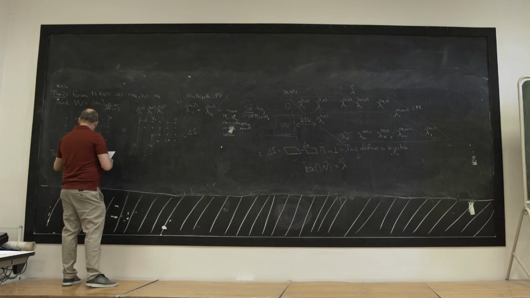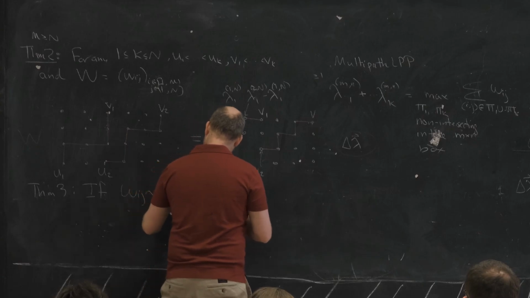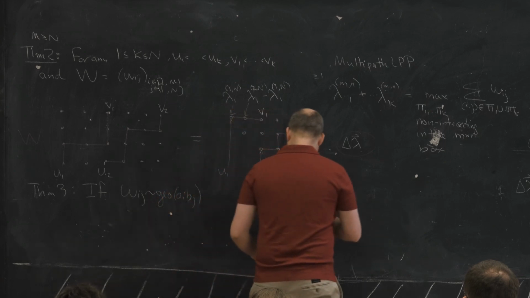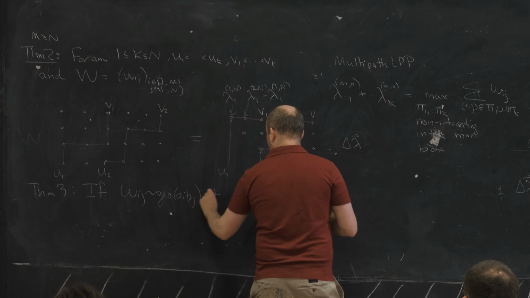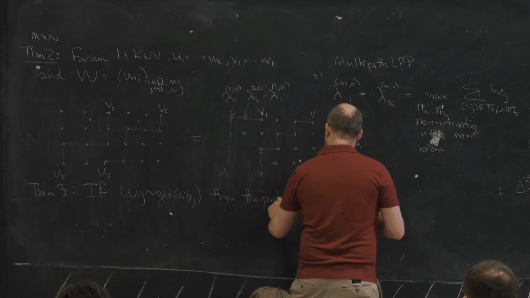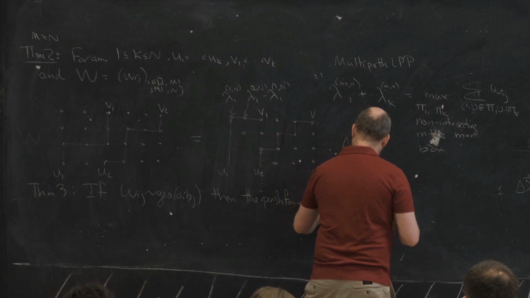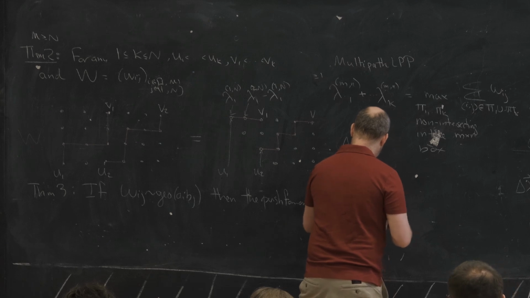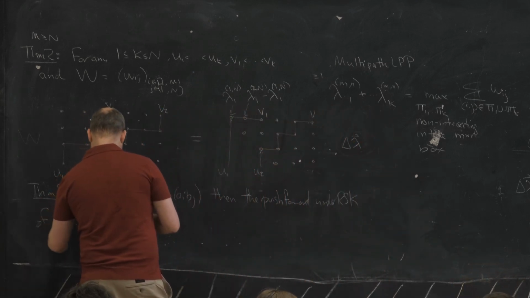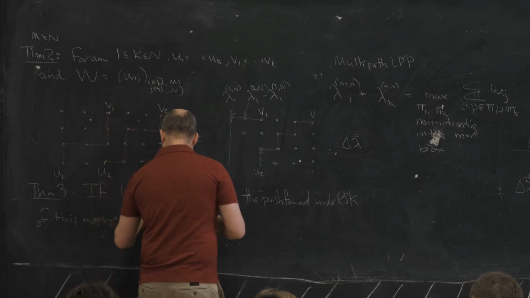So if my weight matrix, my Wij's are themselves random with law AIBJ independent, then the push forward of this measure under RSK is the Schur process.